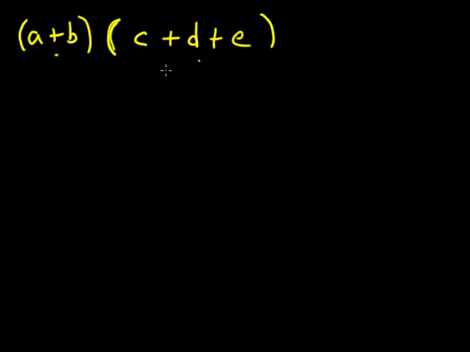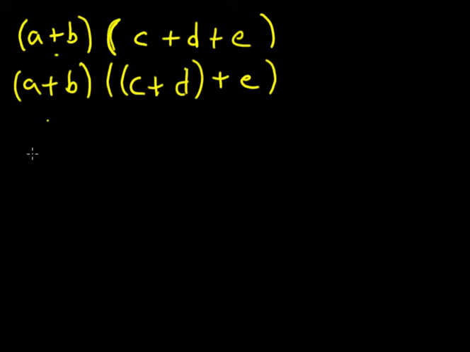The idea is, if I have a binomial, I'm just going to do it in general form, times a larger polynomial, let me get different variables, a larger polynomial, 3 terms, we can pretend that C and D are grouped together. And so we can distribute.